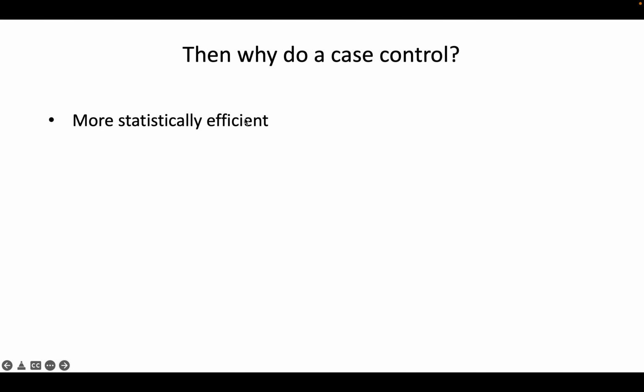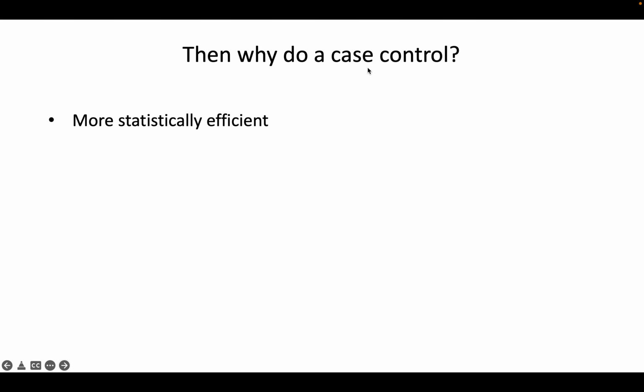But basically, when something is more statistically efficient than something else, it means that it is capable of detecting the answer with fewer people, because the reason that we like to have large sample sizes is that it increases statistical power. Even if there truly is a relationship between cigarettes and lung cancer, the smaller our sample size is, the less likely we are to detect that association, even though it really is there.